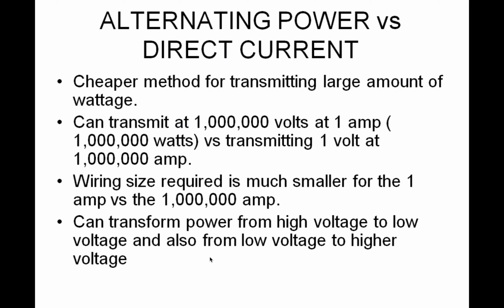And then when it comes down to the point where we need to use it at street level, it goes through another transformer that steps it down to the type of voltage that we need to use, so that there's always a high current in that wire as it's coming to us.